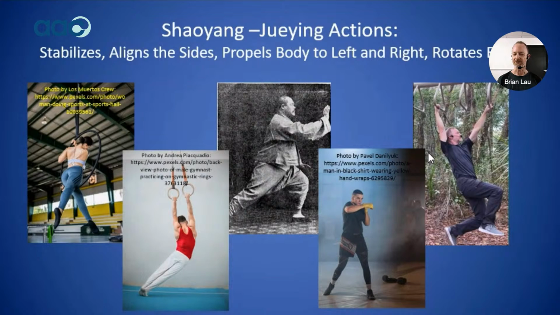So just a couple images here. All of these are showing some aspect of either rotation or side bending, with the exception of the middle image, which is really more about extension. I put this one in here for a particular reason, because even when we're doing activities like Tai Chi, this is showing push hands or a Tai Chi movement, we're stabilizing the lateral side of the body and the medial sides of the body.